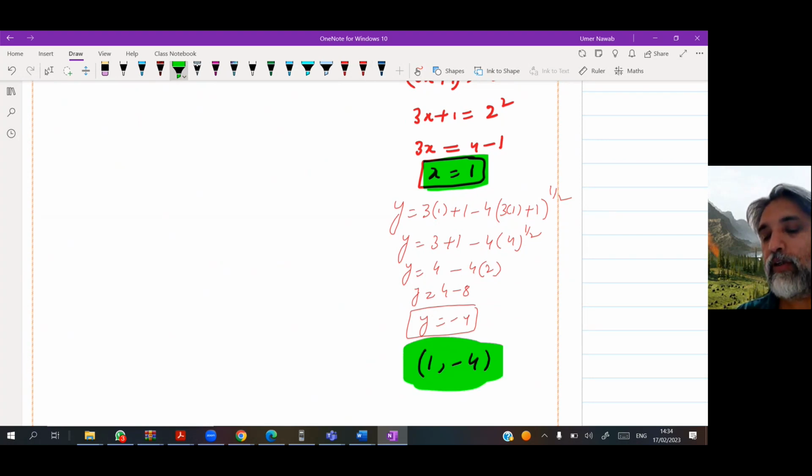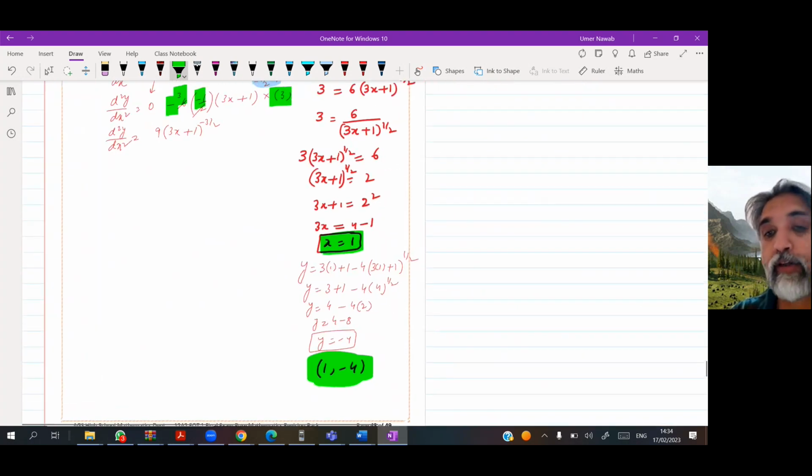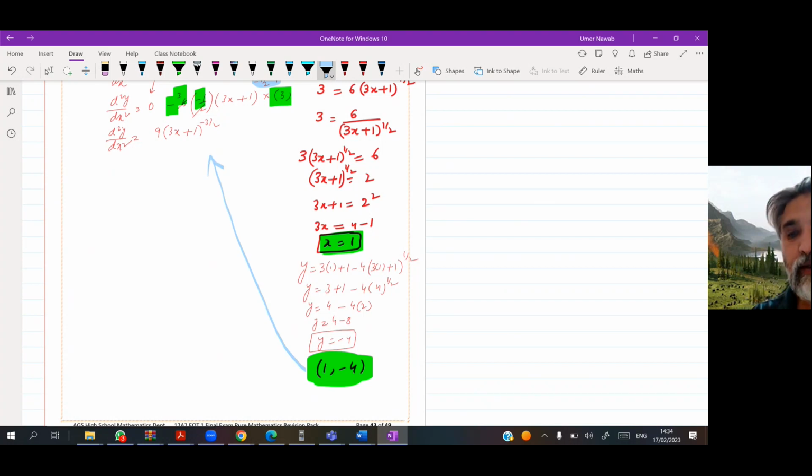Now we need to check the nature of the stationary point. We need to plug it into the second derivative and check what the sign of the second derivative comes to us. So d squared y over dx squared, 9. In the place of x, I put 1, plus 1 raised to the power minus 3/2. So 9, 4 to the minus 3/2.